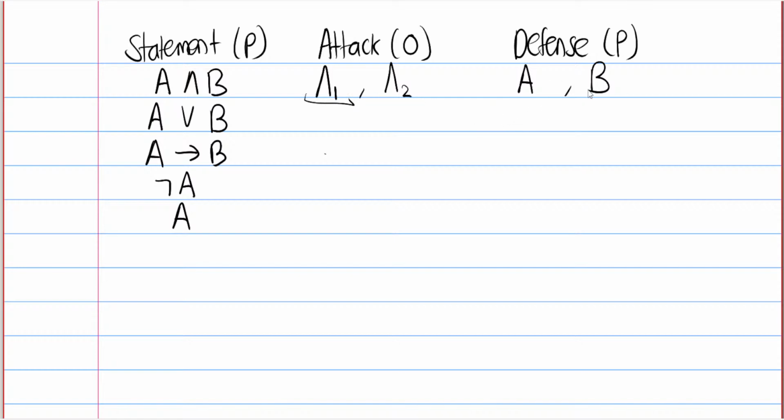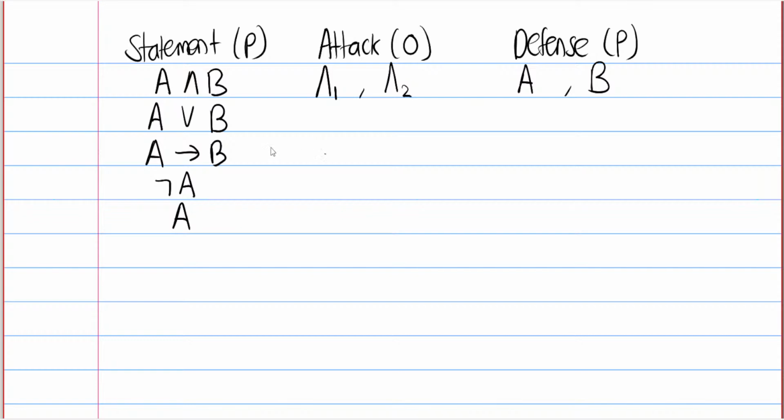And P should also have this defense at his disposal if P wants to survive this round of attack. You're claiming that both A and B is true, so you should be able to provide me the fact that A and B is true separately, right? So I hope this all just makes sense.